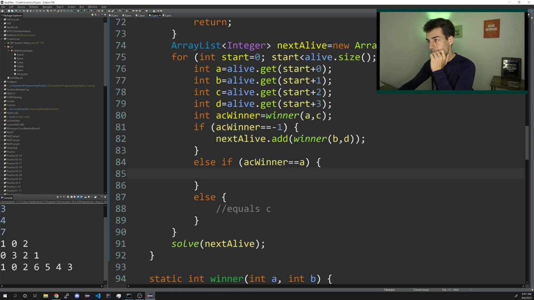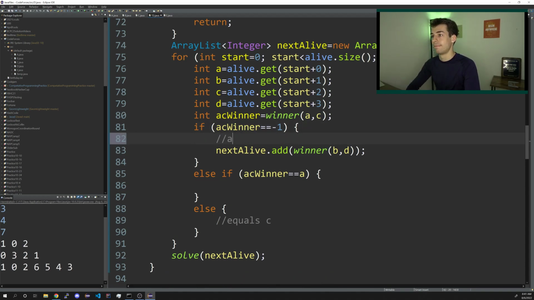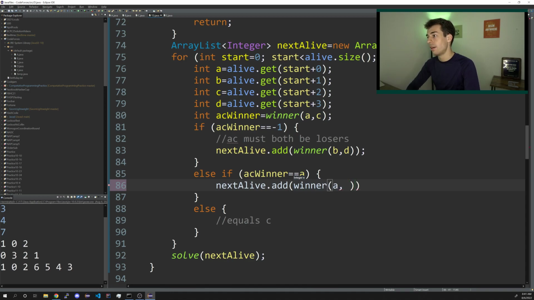All right, so then, okay. Otherwise, then next alive.add winner of A. This is A and C, so A versus D. Otherwise, we need the winner of B versus C. Okay.